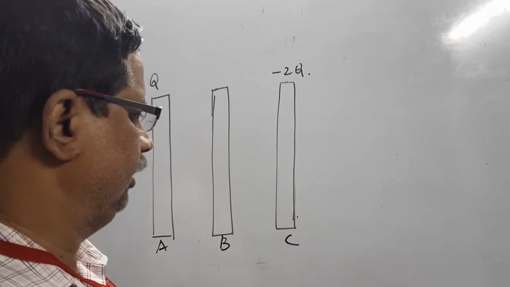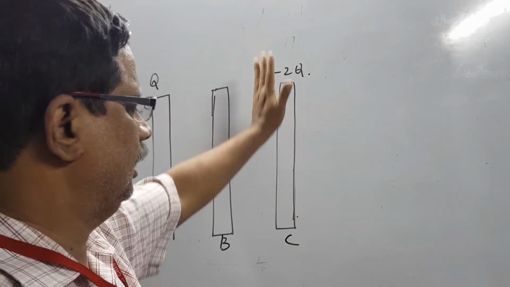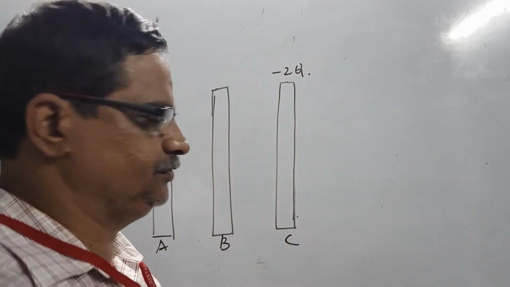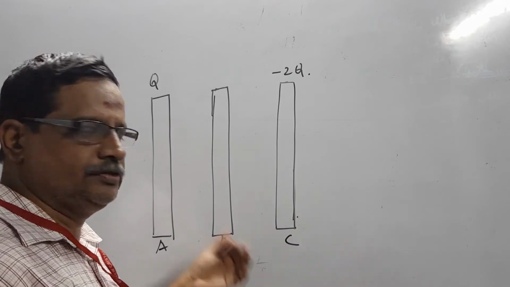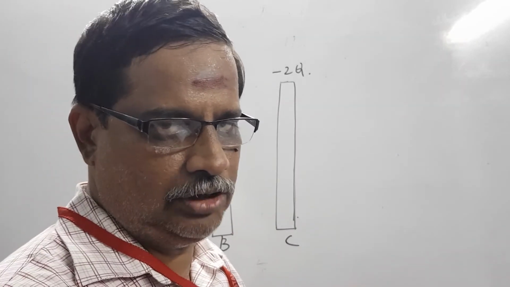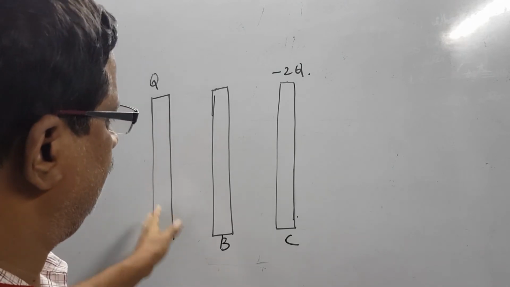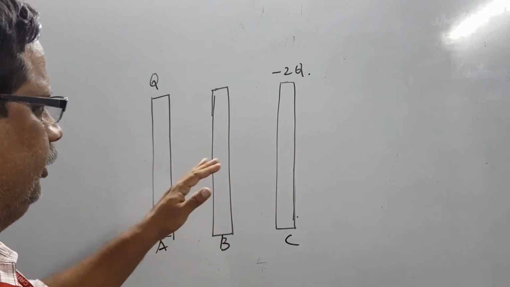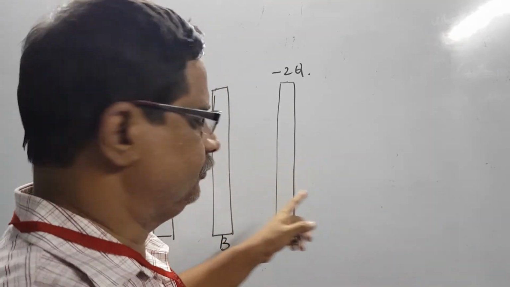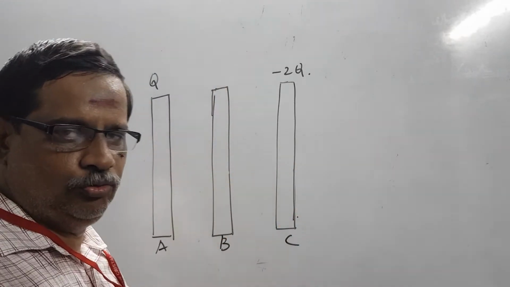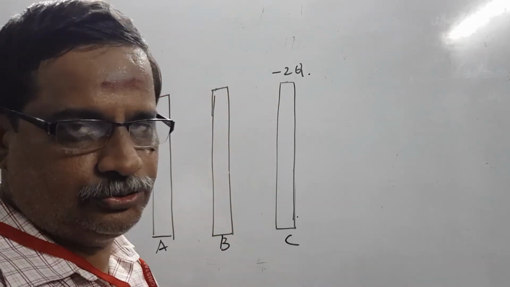So what is required is to find the charge that will appear on the outer side of plate C. For this, again we will use the results that we have studied just now, and here we will use another technique: instead of having three plates, we can reduce this to a case of two plates. This one does not carry any charge, so these three plates can be reduced to two plates, A and C, having charges q and minus 2q.